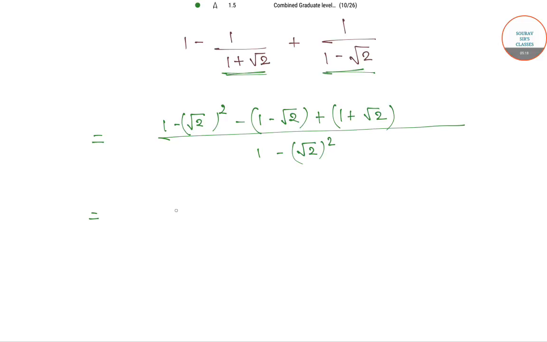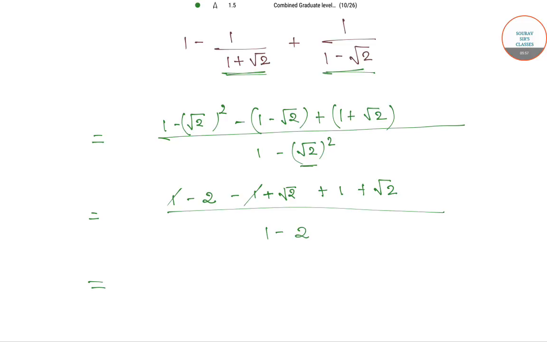Now from here, first root 2 square means 1 minus 2, and here we can do 1 minus again 2 minus (1 minus root 2). This minus minus will be plus, so root 2 plus 1 plus root 2. Now we can eliminate this 1, this 1.